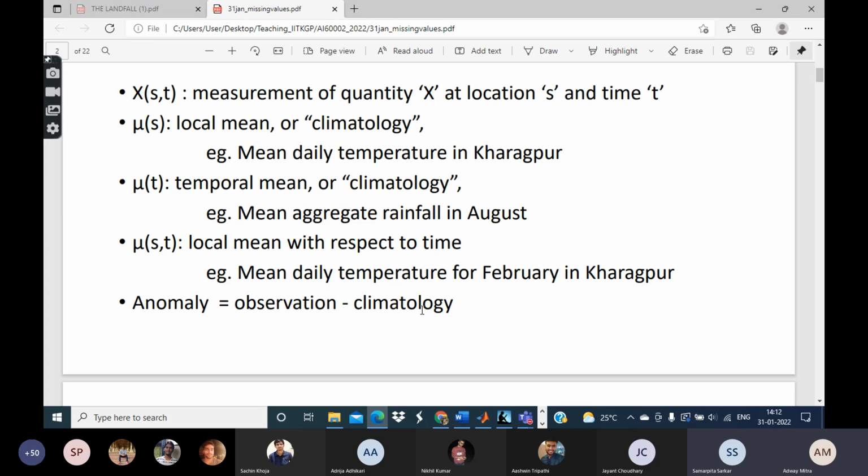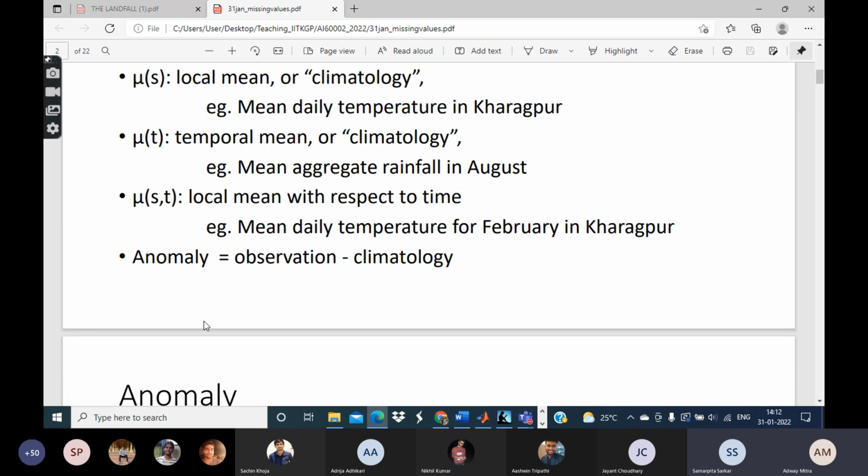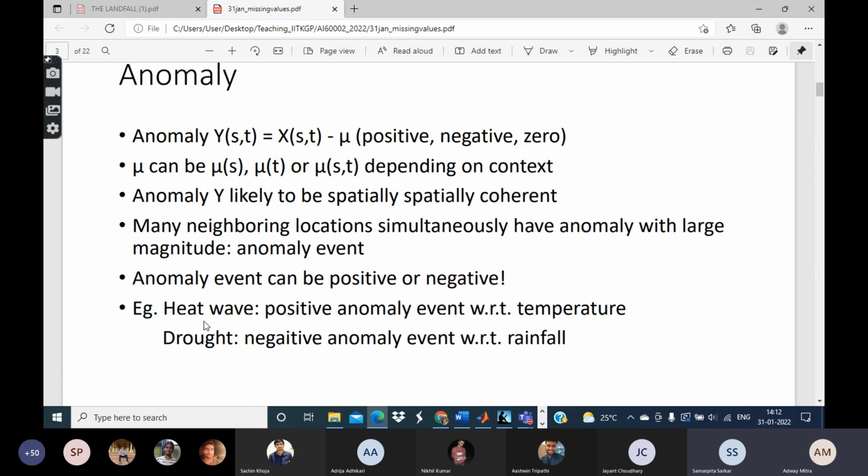It will be either slightly hotter or slightly colder, maybe much hotter or maybe much colder, whatever it is. This difference is called the anomaly. Okay. So this kind of anomaly can be positive, negative or zero. Zero it usually isn't, because temperature in this case at least is a continuous variable, and it is very unlikely that it will be exactly equal to the 100-year average.